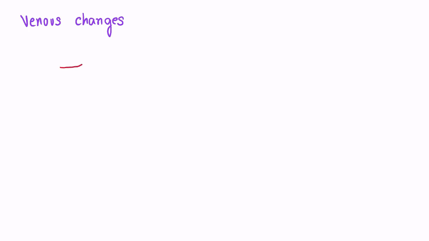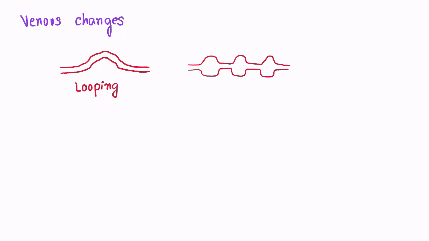Now, what are the venous changes found in NPDR? This is looping. This is called beading of veins. This is tortuosity. They are all found due to ischemia of retina.